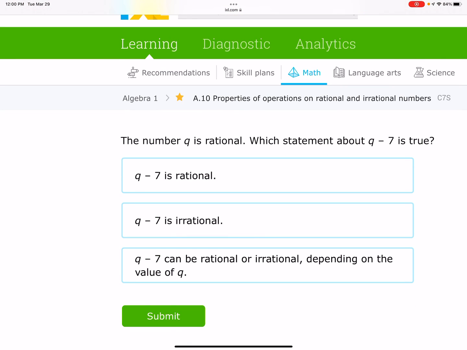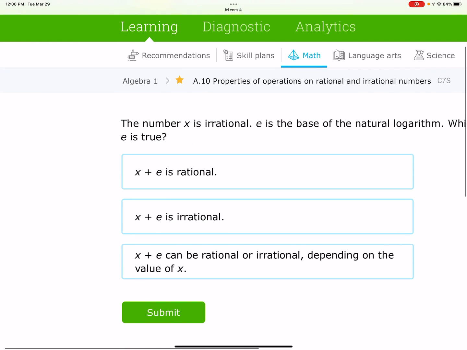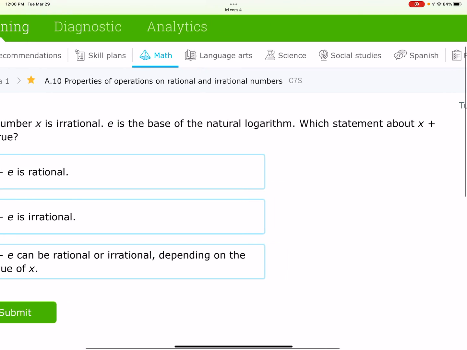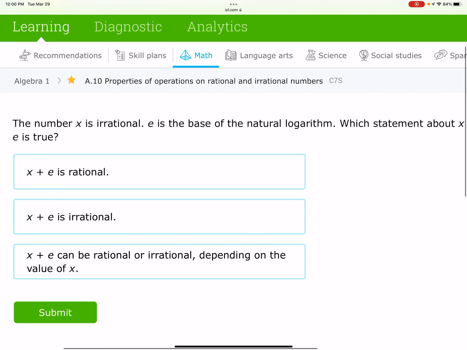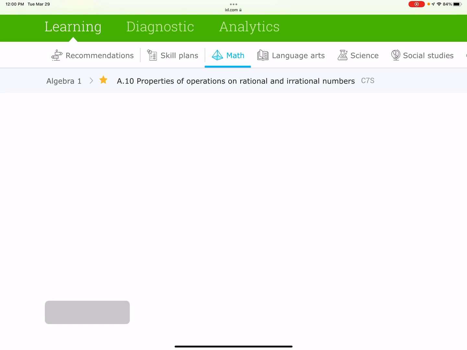Q is rational and 7 is rational, so I'm going to get rational. Base of a logarithm, that sounds irrational. X plus e, this sounds totally irrational, but what if it was negative e? I'm going to put this, see what happens.